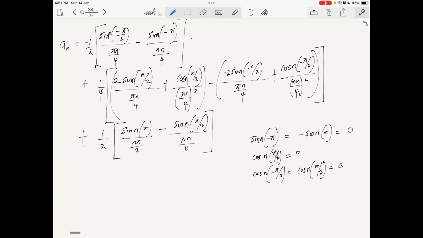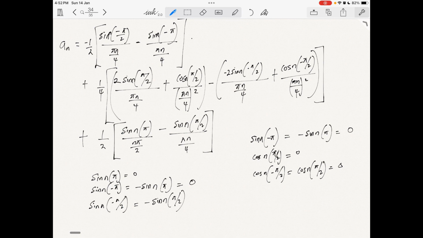However, sine nπ is also equal to 0, and sine n minus π is equal to minus sine nπ, which is also 0. So what we are left with is sine n into minus π over 2, and sine n into minus π over 2 is the same thing as minus sine nπ over 2.